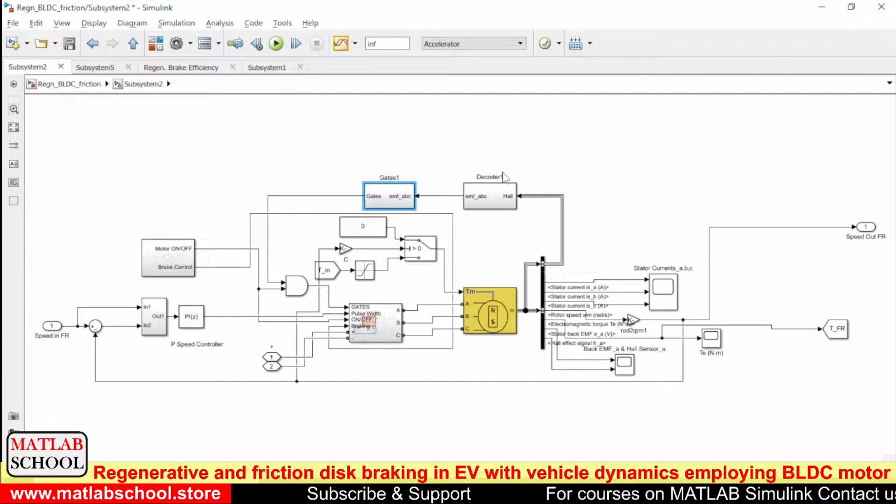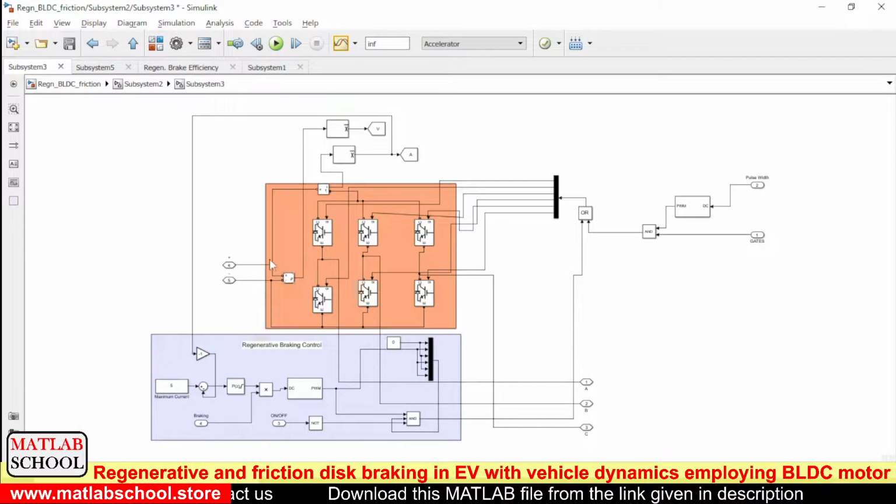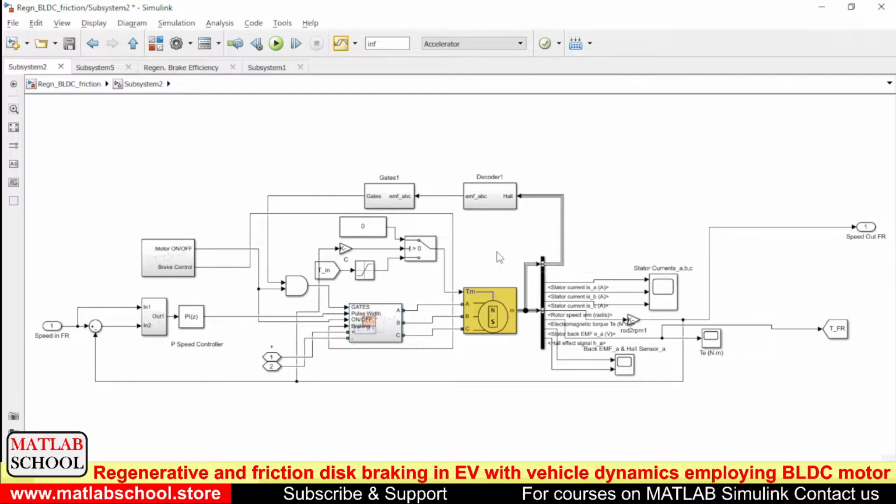Basically what these blocks are doing is converting the 3 inputs from the Hall sensors to 6 outputs, which are understandable by the switches in the inverter. Okay, here you can see the switches, right? So we are getting gates from this end, and through the other end we will be getting the variable PWM. I'll tell you the reason for this. The variable PWM only determines the voltage that the particular motor is receiving.